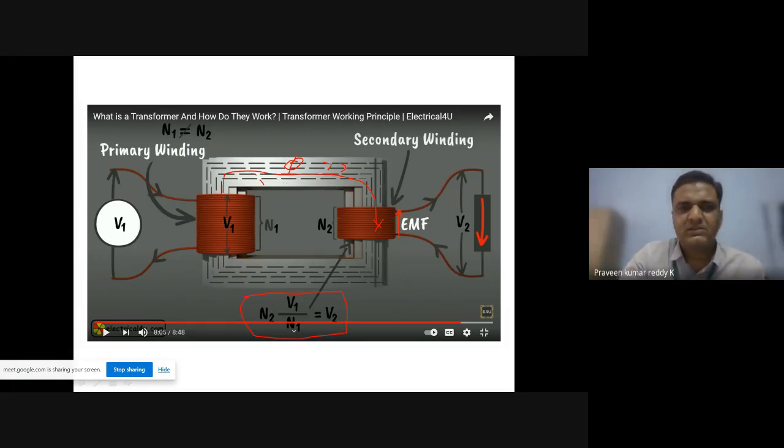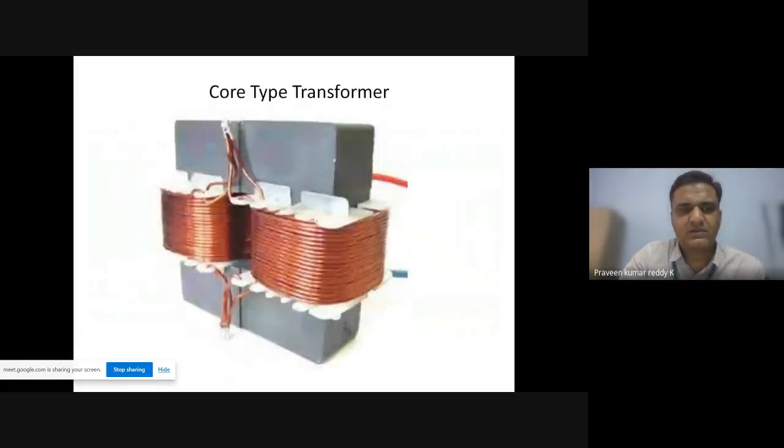Physically, how do they look? This is the physical look of a core type transformer. Of course, we have two types of transformers. One is called the core type transformer, where this is the primary winding and this is the secondary winding.